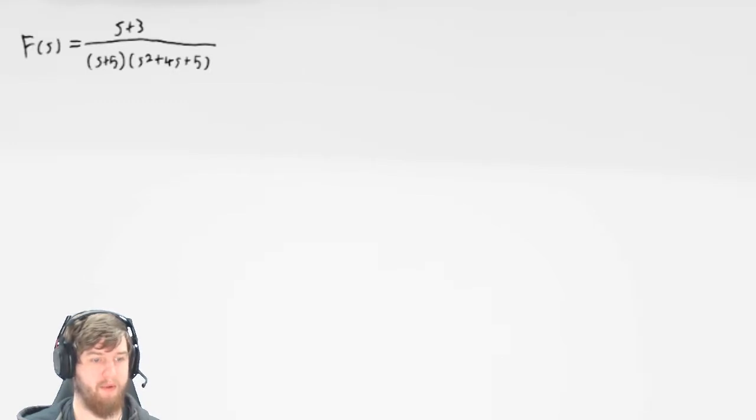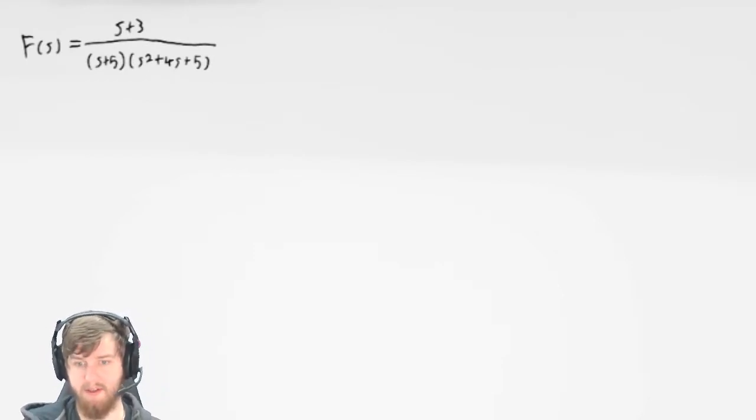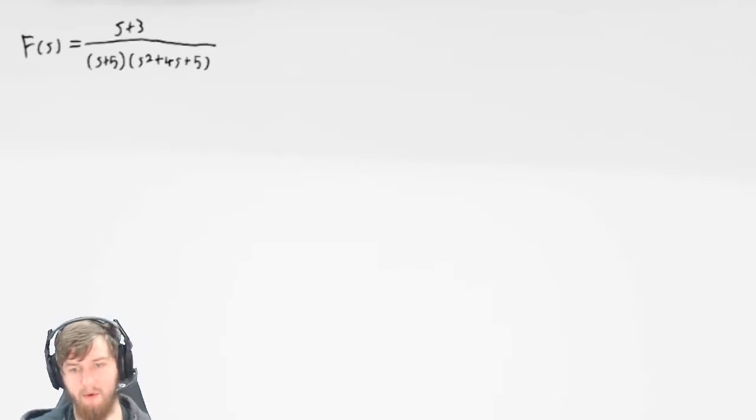So there's a couple of ways we can approach this. If you're comfortable working with imaginary numbers, you can work this just like any other problem and expand out the complex roots into the denominators. It gets a little hairy when you try to bring that back into the Laplace transform table to pull out your sines and cosines and things like that.